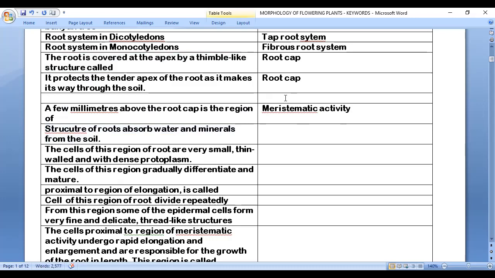Root hairs absorb water and minerals from the soil. The cells of the region of meristematic activity are very small, thin-walled and with dense protoplasm. The cells of this region gradually differentiate and mature.